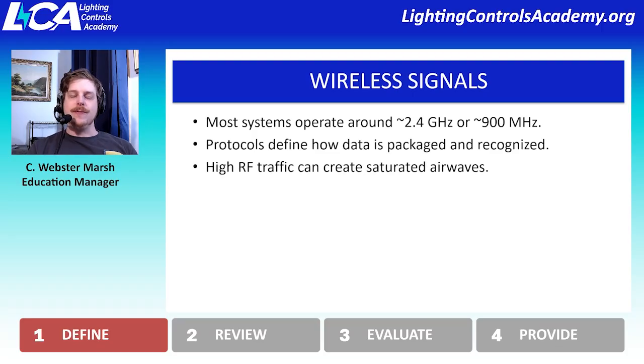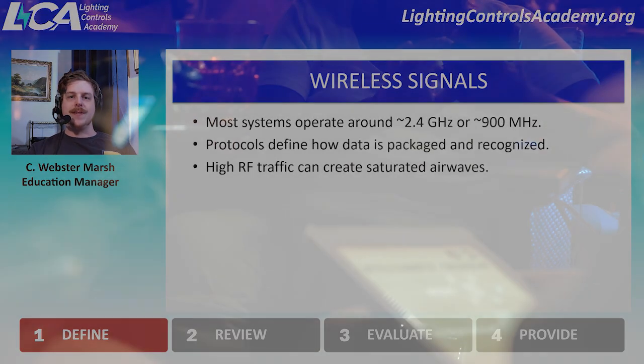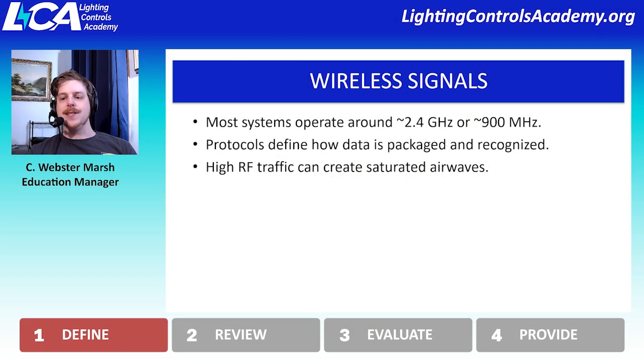As I mentioned before, if we have a lot of RF traffic, you might see this in certain applications where you have a huge amount of technology going on in a space, or where there's a reason why the airwaves are being intentionally saturated, such as if you're dealing with a security consideration where they don't want wireless communication to be happening in a space and they might intentionally fill the airwaves to avoid having that communication happen.